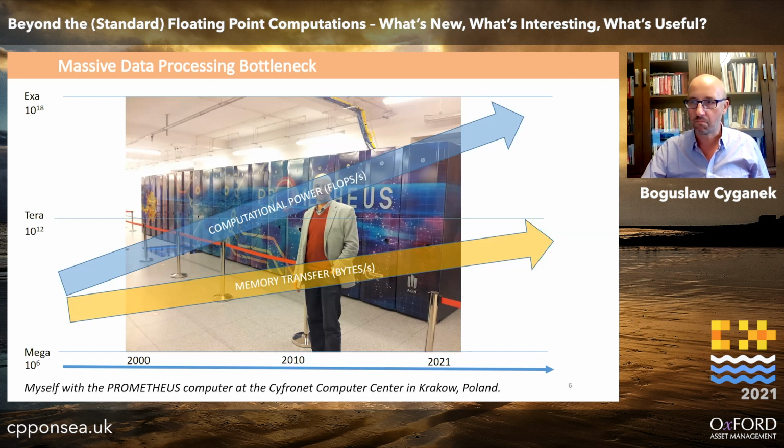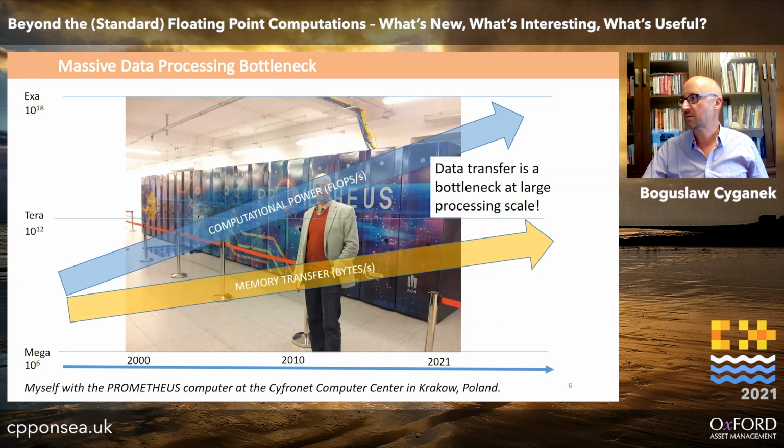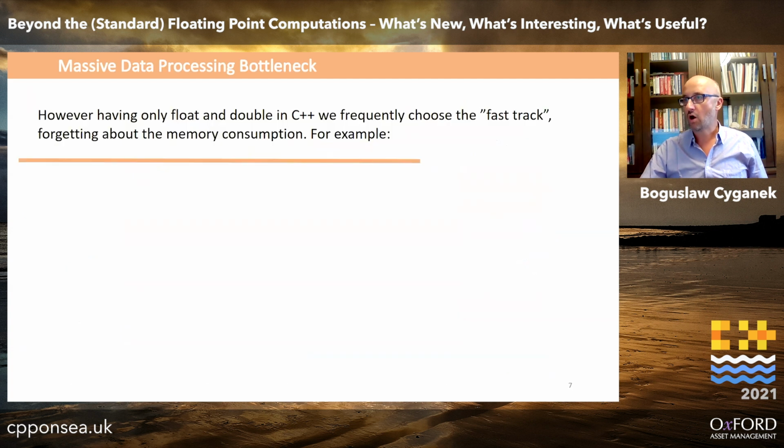What we'll be talking about today is around this discrepancy as well. So data transfer is a bottleneck at large processing scale. And every bit counts. So all these new technologies I will be talking about today are also just to respond to these challenges.